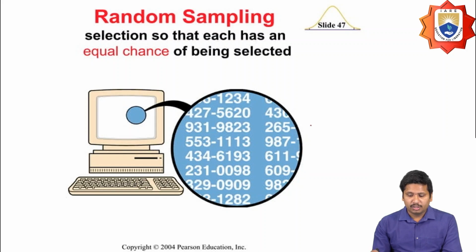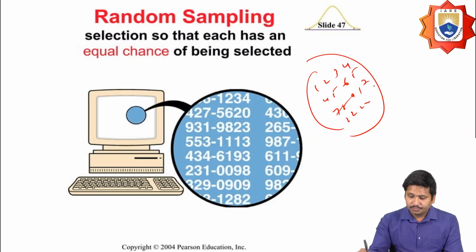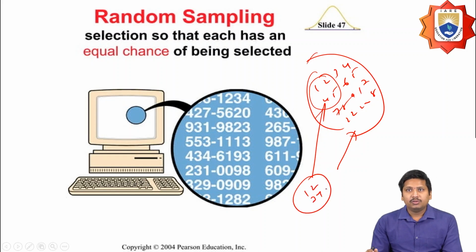Among so much data, I randomly pick some particular portion of it, and that portion is considered a random sample. Selecting some portion of the entire data is treated as a random sample.